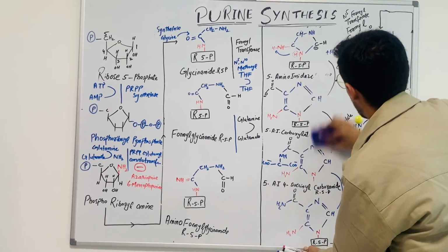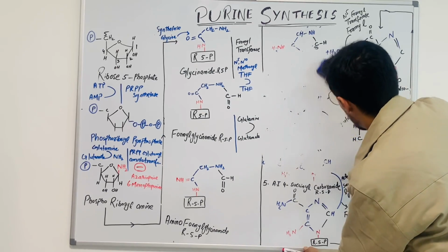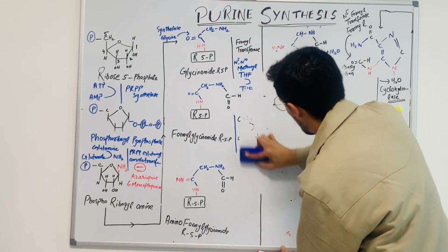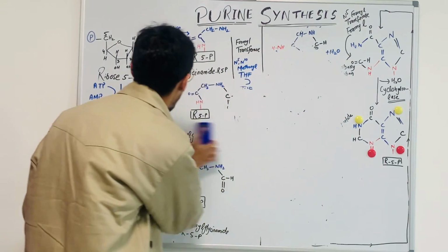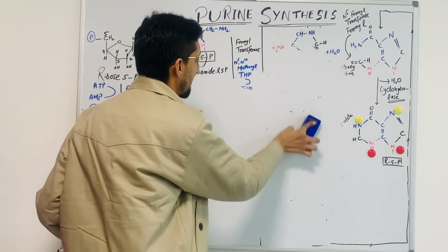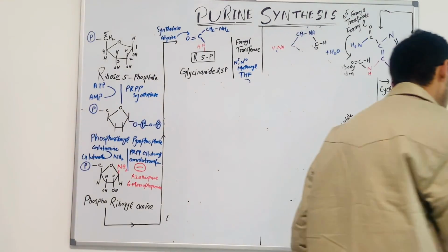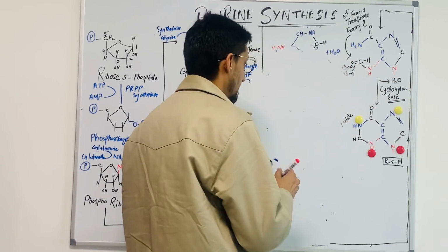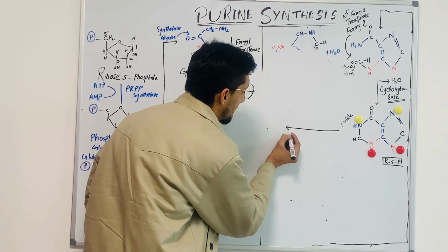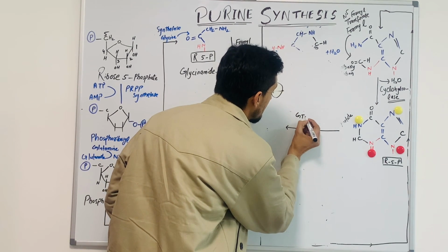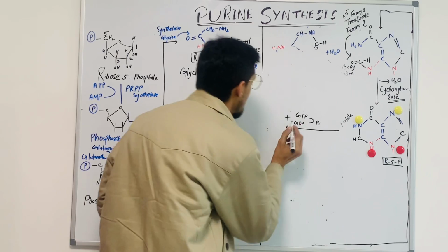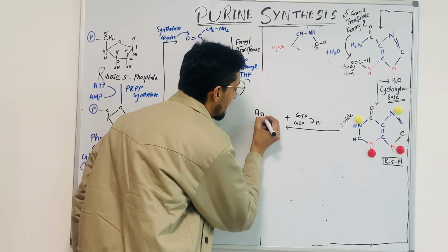Let me remove this portion. So what happens here, in the presence of GTP that will convert into GDP, giving us a phosphate bond, an enzyme that will react here is aspartate, another amino acid.